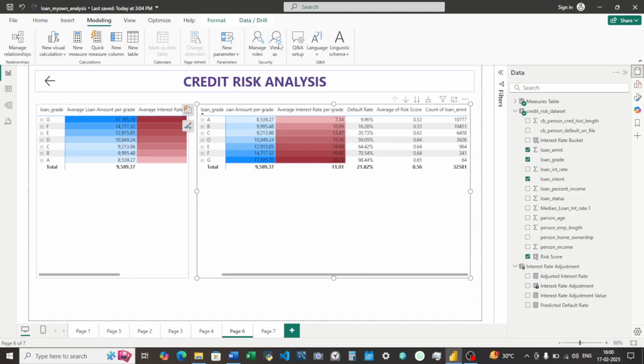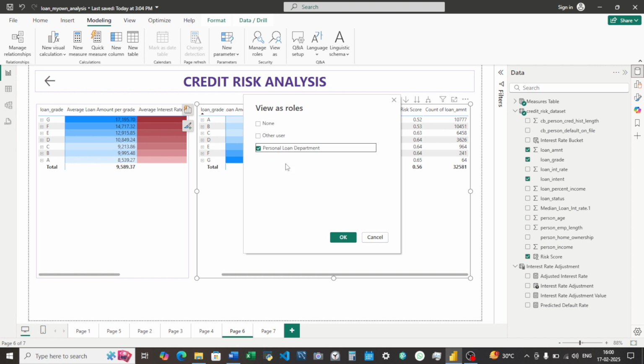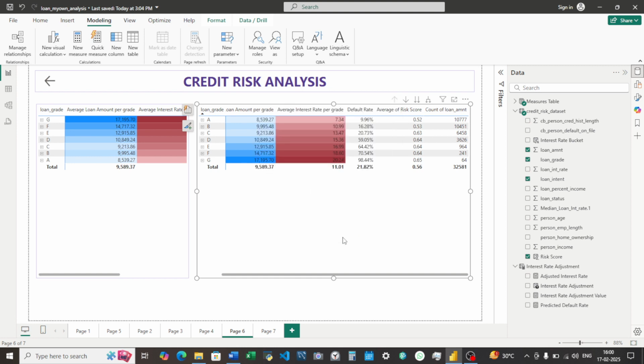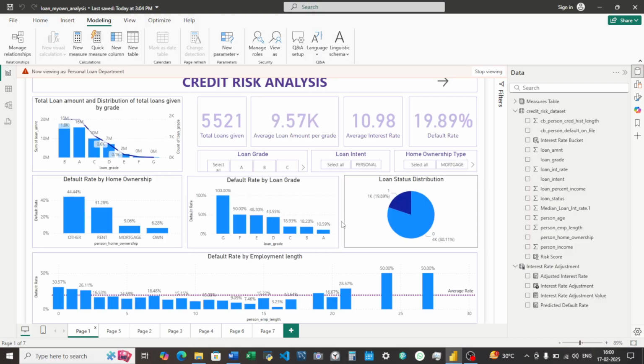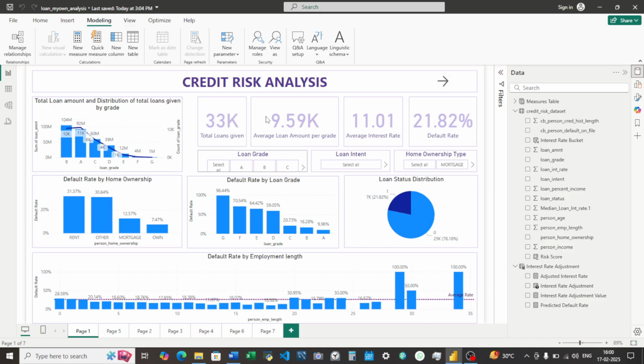Let me show you, view as, say, personal loan department. I would be able to see, look over here, only the value for the personal loan department. Stop viewing. This would show you the overall department. That's how it's done.